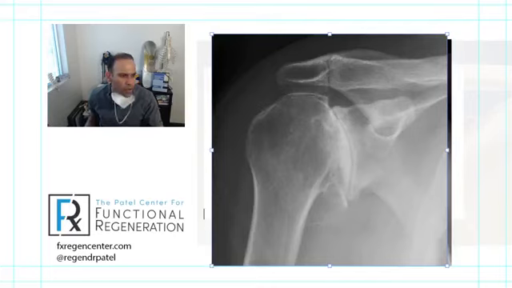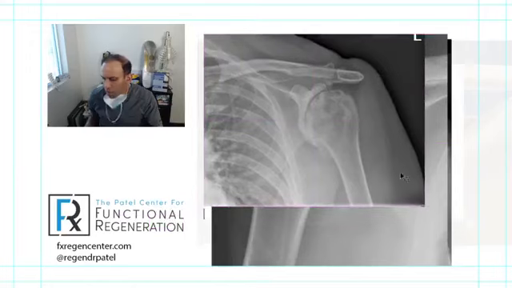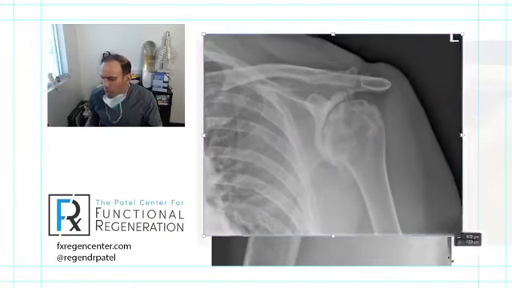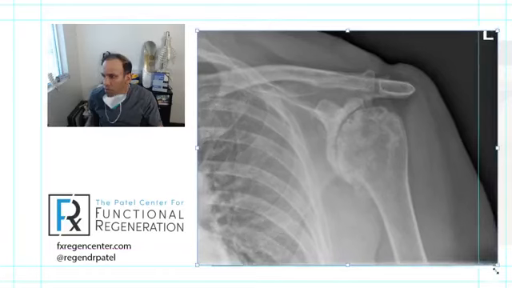So when the arthritis becomes substantially worse, well, that's a circumstance where we're no longer talking about a round peg in a round hole, but we're talking about a situation where we have a square peg in a round hole, and therefore the range of motion or the ability of the round ball to rotate in its socket starts to change.